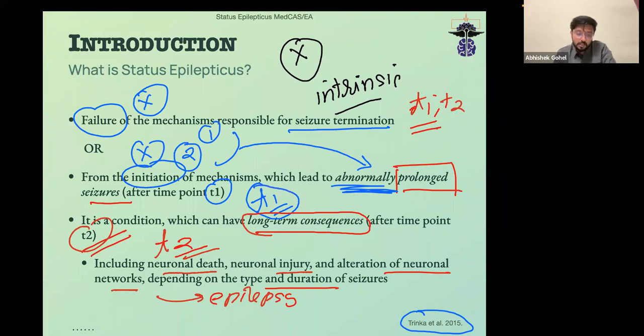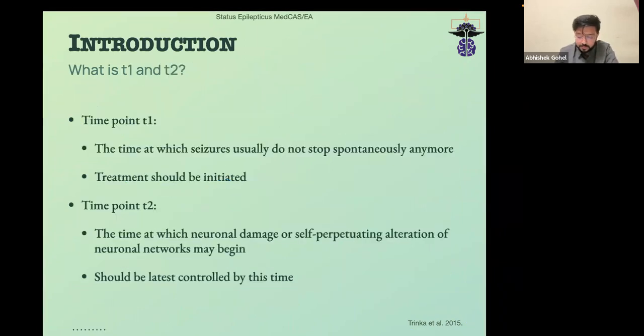So that is a definition. But not every status epilepticus goes into long-term consequences. It can have long-term consequences, but only after time T2. Long-term consequences can be neuronal death, neural injury, or alteration of the brain networks, which will lead to epilepsy. And because of this, we have different time T1 and T2 for different types of seizures.